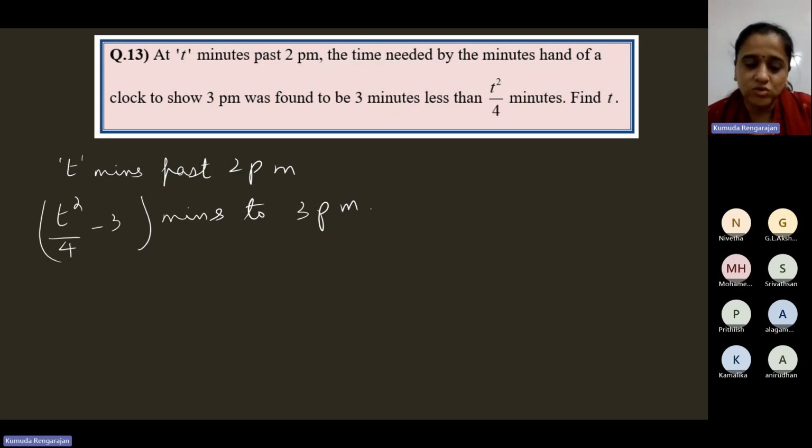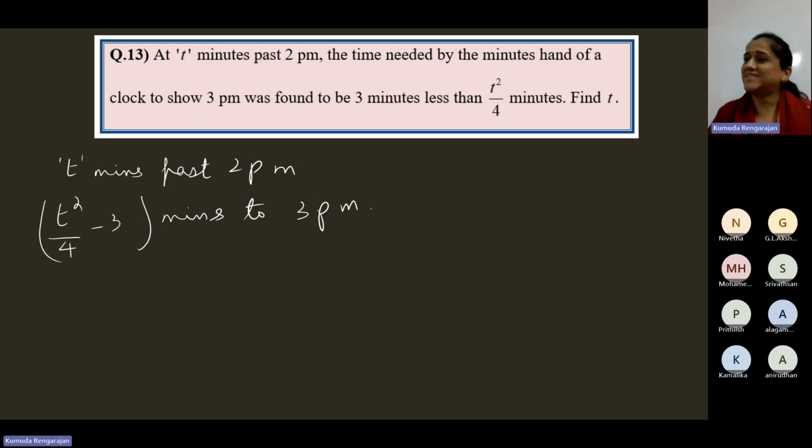It's T minutes past 2 p.m. And how many minutes to 3 p.m.? Look at the words: the time needed by the minutes hand of a clock to show 3 p.m., meaning how far the minutes hand travels to show 3 p.m., was found to be 3 minutes less than T square by 4.